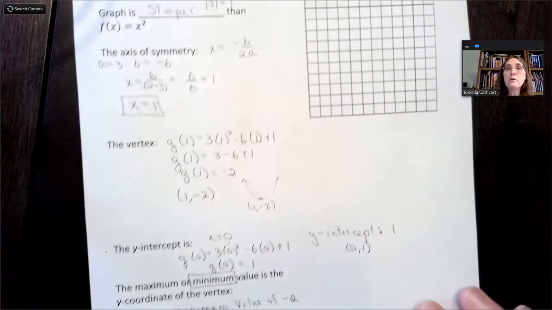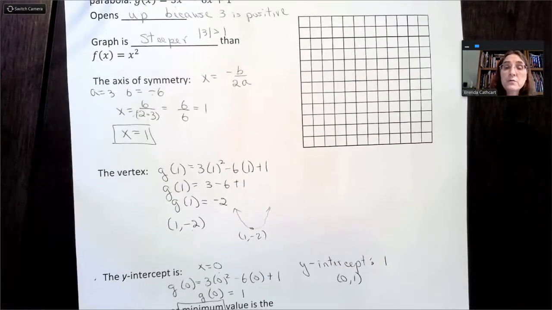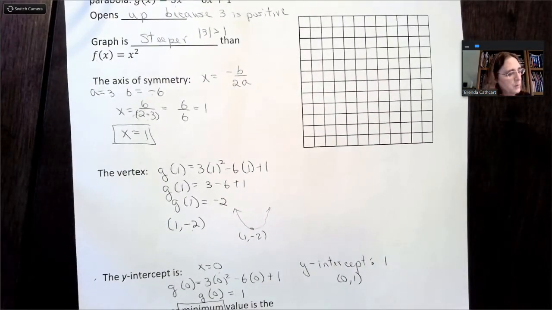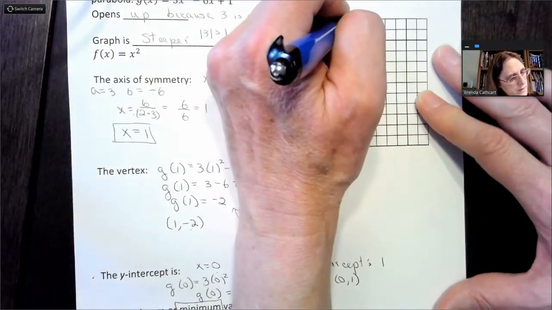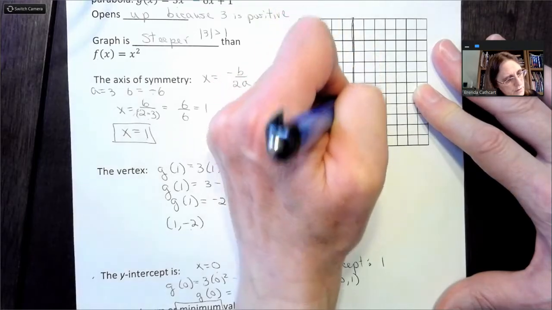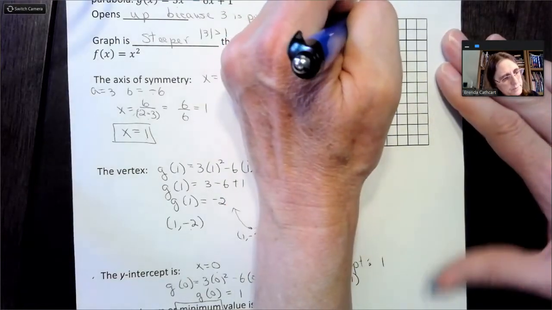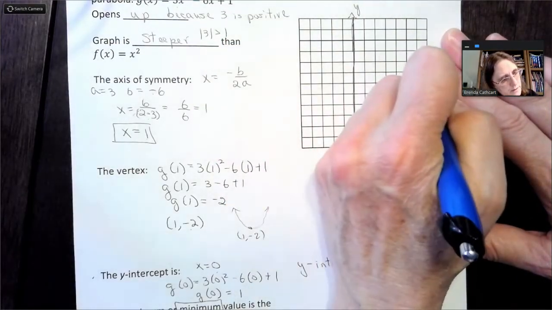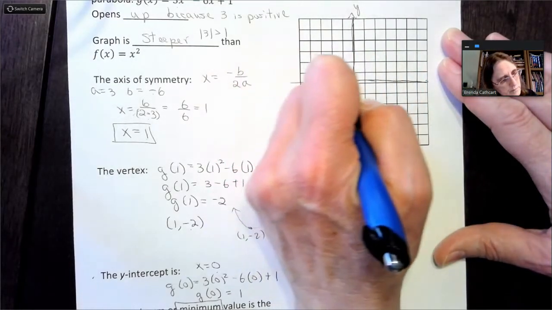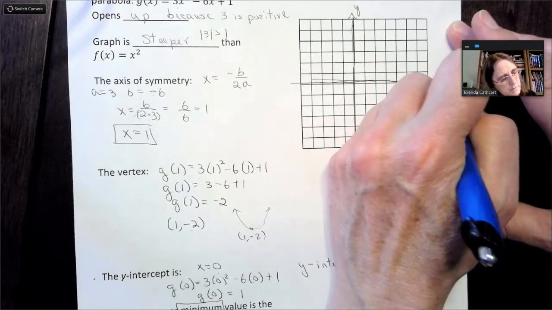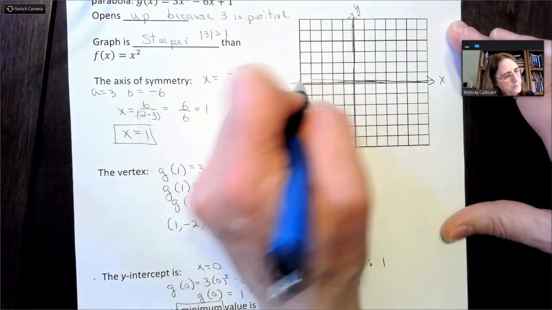So now let's use all this information to graph our parabola. Let's draw our x and our y axis. Here's our y and our x. Okay, there we go.